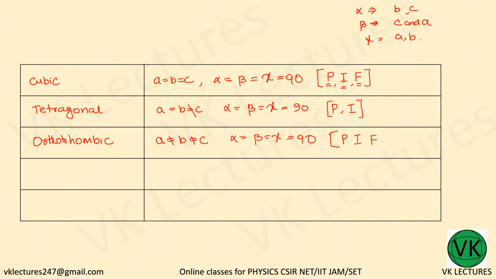Now P is simple cubic, I is body centered cubic, F is face centered cubic, and C is the base centered cubic.